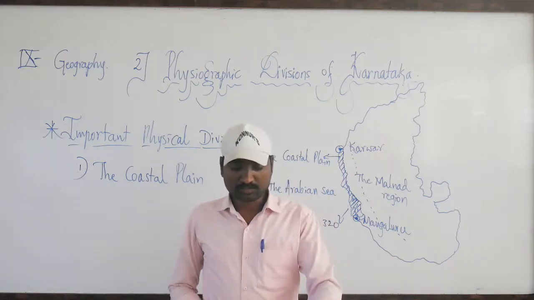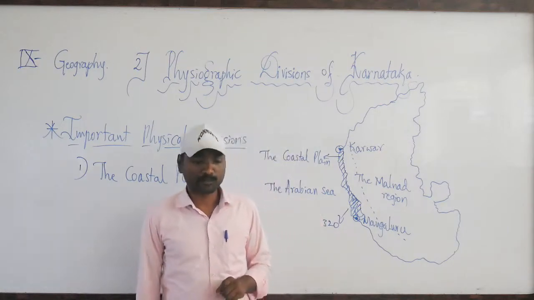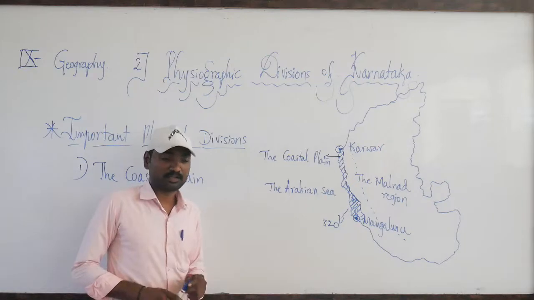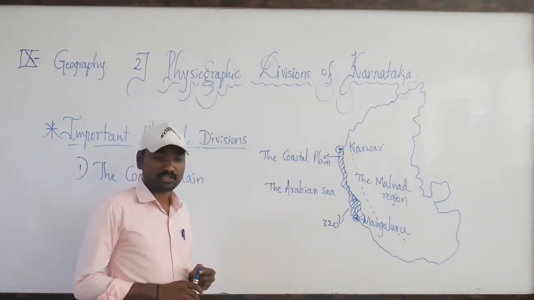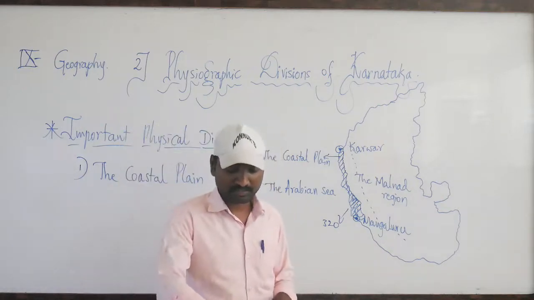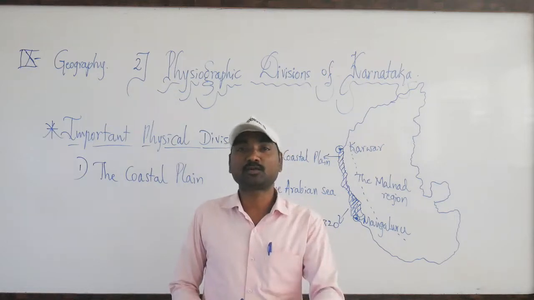Here Ullal and Someshwar beaches near Mangaluru, Malpe near Udupi, Karwar in the north, Murdeshwar near Honnavar, Maravanthe and Om beach near Gokarna, and St. Mary's Island near Malpe. St. Mary's Island is also called Coconut Island.